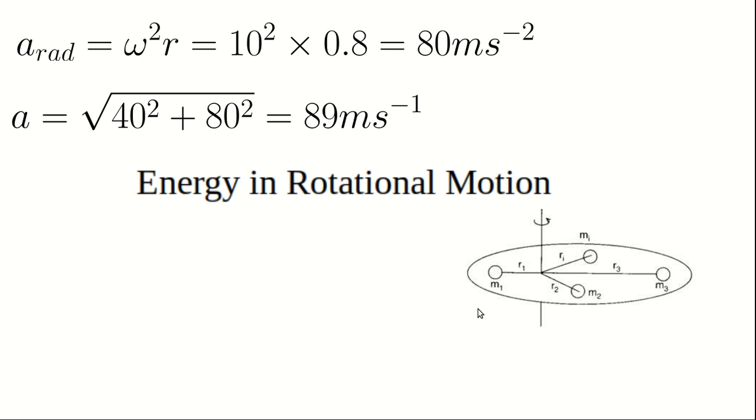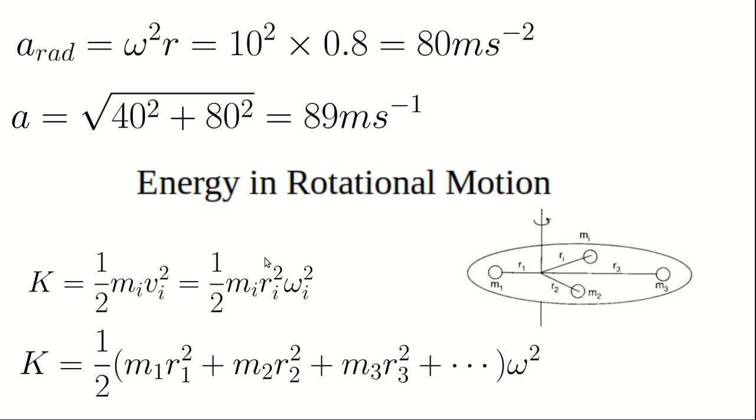We notice that the energy of each of these masses will be half of M1 V1 squared. Because they are all forming a single body, we need to add the kinetic energy of this, the kinetic energy of this, and the kinetic energy of this, and that gives us half of Mi Vi squared, equal to half of Mi Ri squared omega squared, because our Vi is Ri omega.